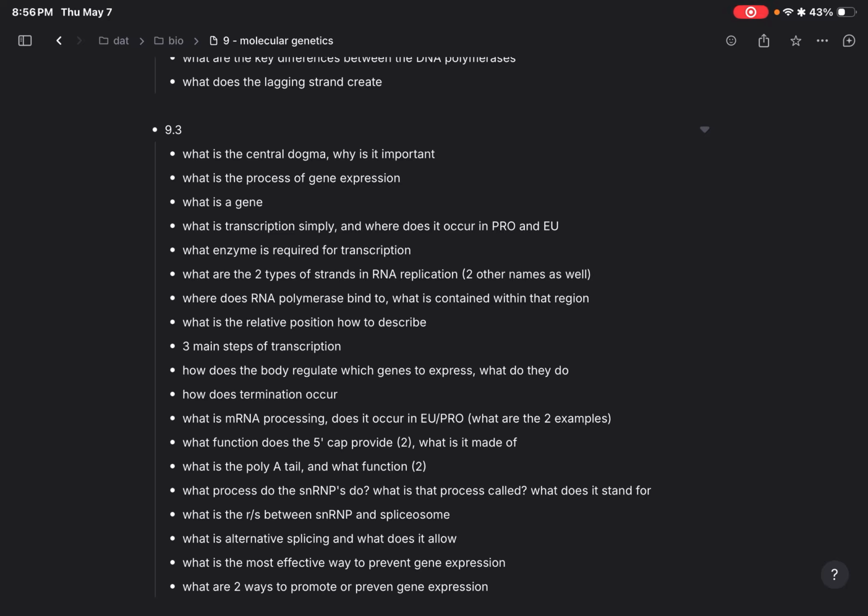What are the two types of strands in RNA replication? We have the coding strand and the non-coding strand. The coding strand, what are the two other names for it? There are two other names, I just don't recall them. One's called antisense and one's called sense.